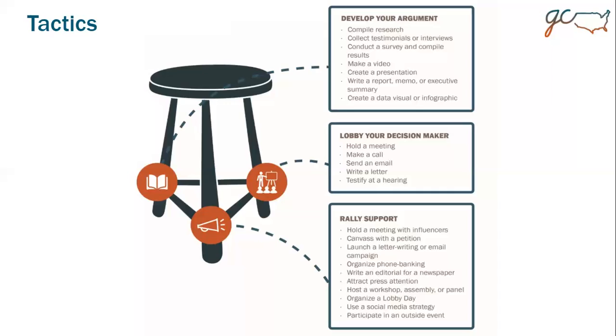You can have a really strong argument and a lot of people rallying behind you, but if you're not pushing your decision maker, it's not going to change. And then the same with rallying support. If you know who the decision maker is and they're interested and you have a strong argument, but you don't have a lot of people behind you trying to push it, it might not push the decision maker to make any movement because they don't see any support behind it. So that's why we had to have those 3 pillars of the bar stool.